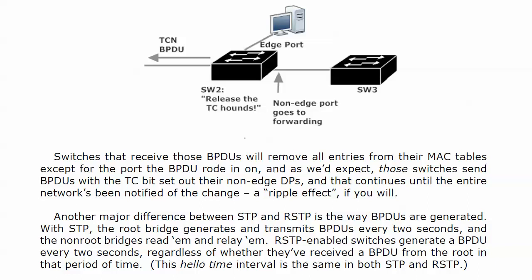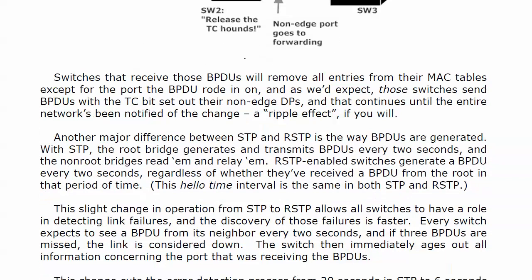But in RSTP, when you've got RSTP-enabled switches, they generate a BPDU every 2 seconds, regardless of whether they've actually gotten a BPDU from the root in that period of time. So every switch in your RSTP network is actually creating BPDUs. The hello time interval is the same in both STP and RSTP.